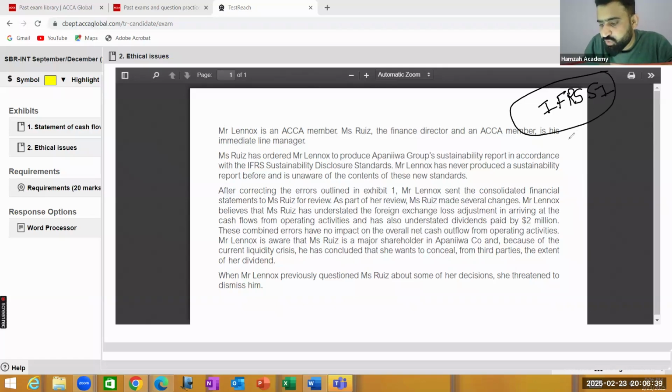IFRS S1 is about the requirement of disclosures regarding sustainability. And IFRS S2, Sustainability Standard 2, relates to disclosure about climate related issues.